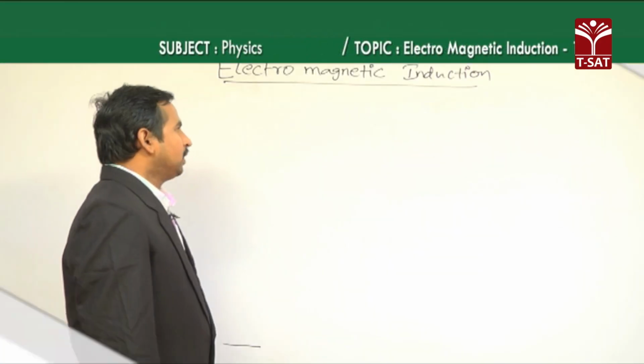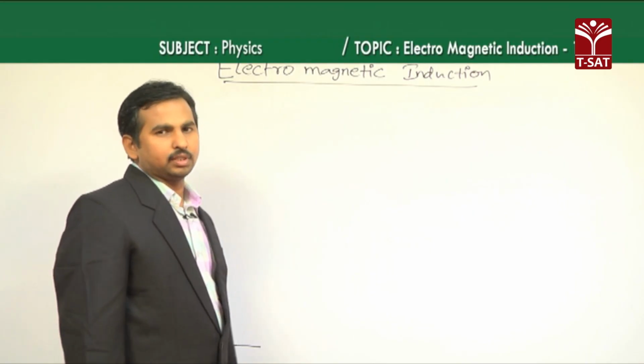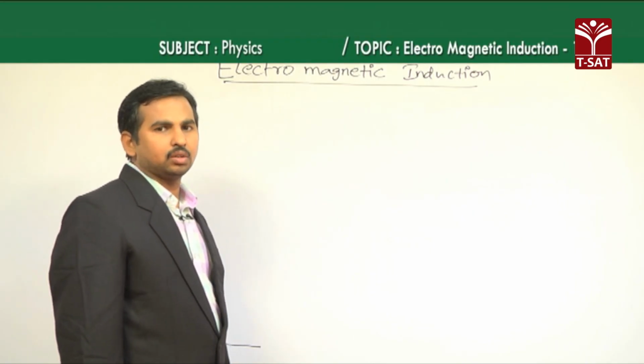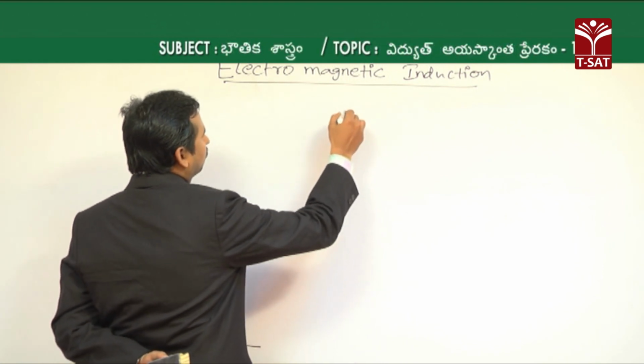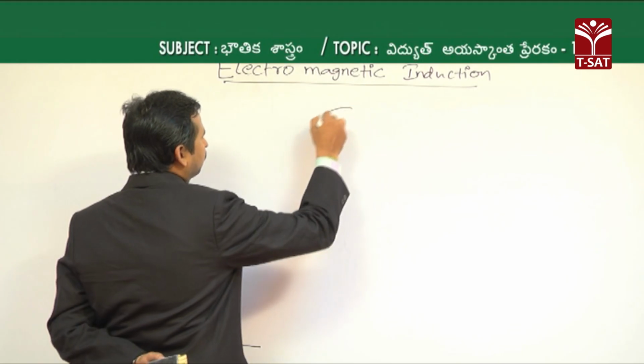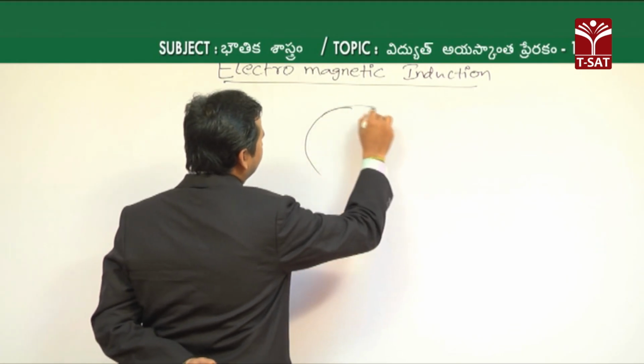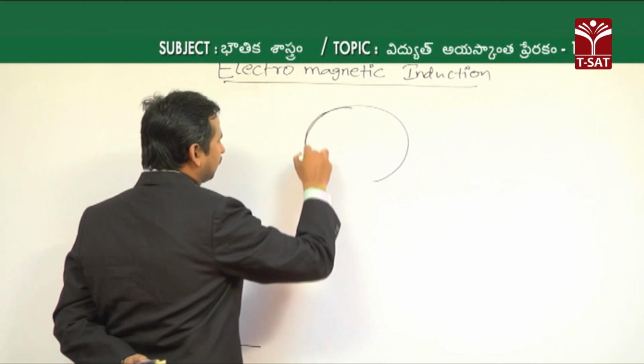Now, we are seeing the magnetic lines of force around a circular coil. A circular coil is nothing but a straight conducting wire that is bent like a circle.